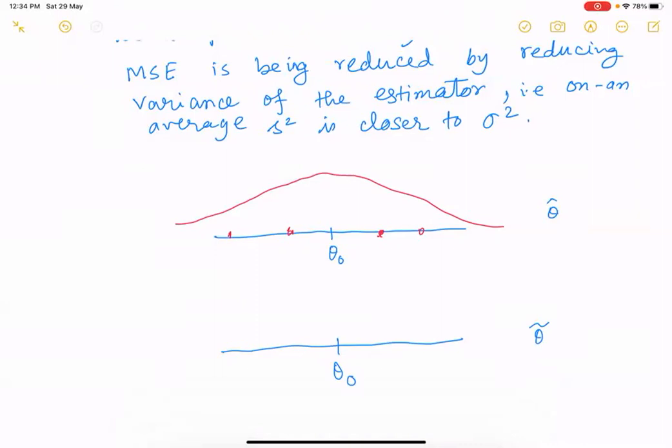But most of the time it gives you estimates here, here, here, here. So that means you have something like this. Which one would you like to use, theta hat or theta tilde?